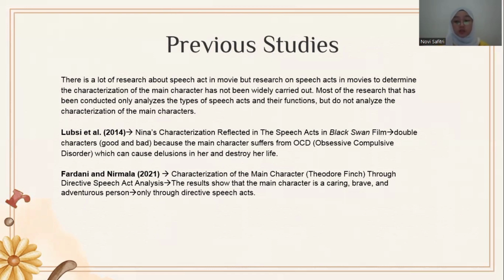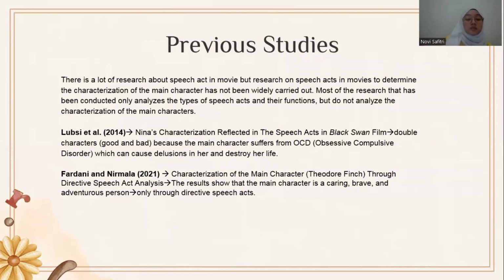The first one is Lupsi et al., 2014. It analyzed the characterization of Nina in Black Swan movie. And the study shows that there are double characters of Nina, which is good and bad character, because Nina suffers from OCD, which can cause delusions.